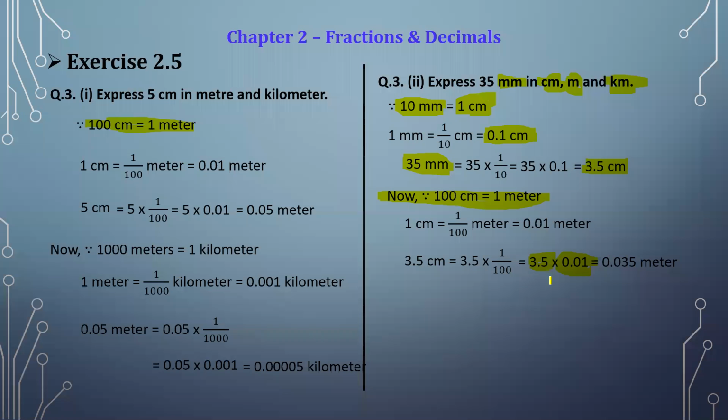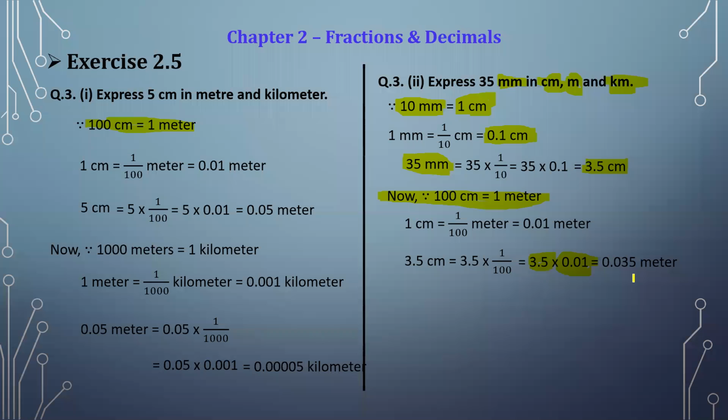If we remove it, 3.5 is taken as 35, and the second number, 0.01, becomes 1. The product of 35 and 1 is 35.